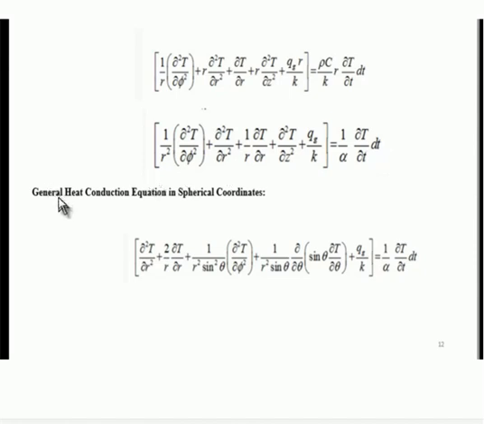Now the general heat conduction equation in spherical coordinates is ∂²T/∂r² plus 2 by r ∂T/∂r plus 1 by r². Sorry, that is the general equation for cylindrical coordinates. In a similar way we have to derive the equation for spherical coordinates, which we will discuss in the next classes.